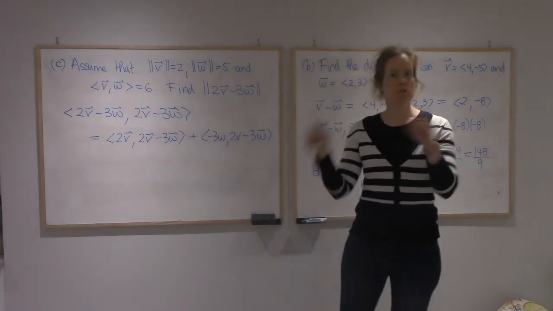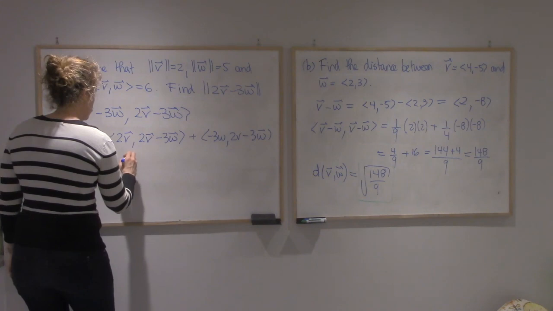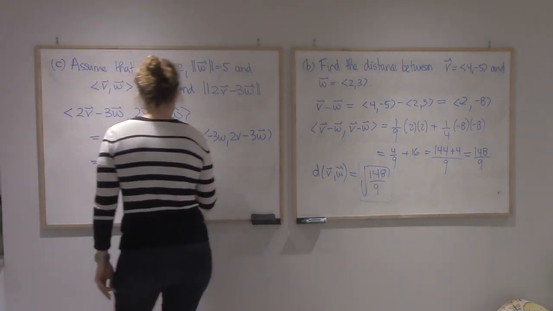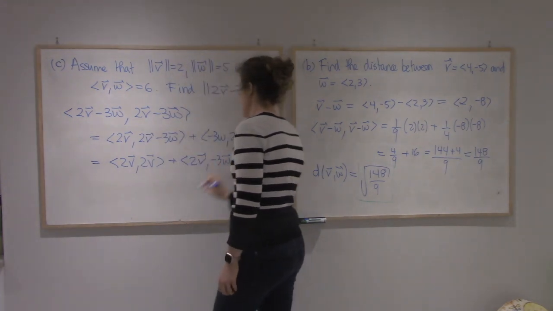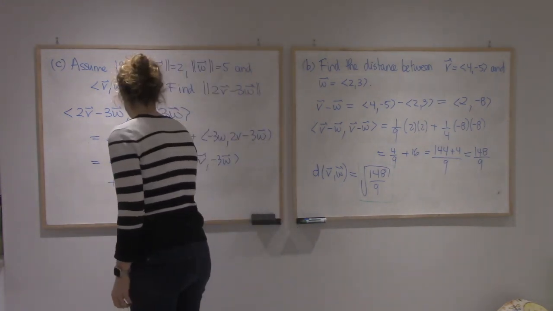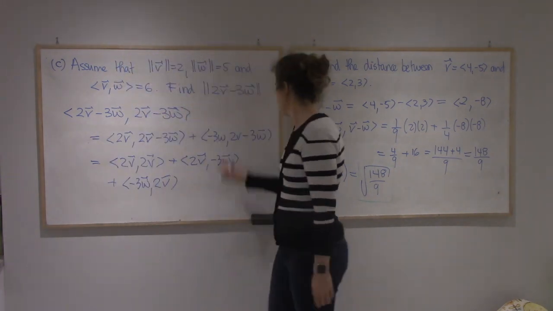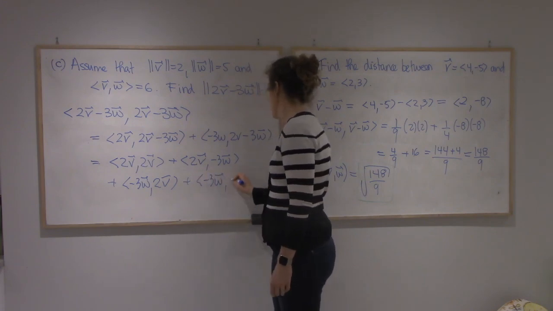Then I'll distribute on the second vector, so 2v, 2v, plus 2v minus 3w, plus minus 3w, 2v, and finally plus minus 3w, minus 3w.